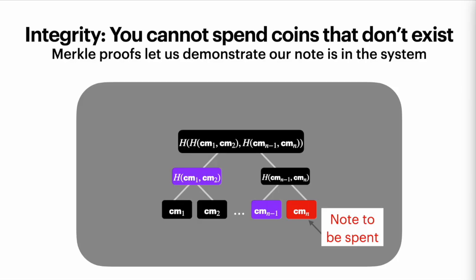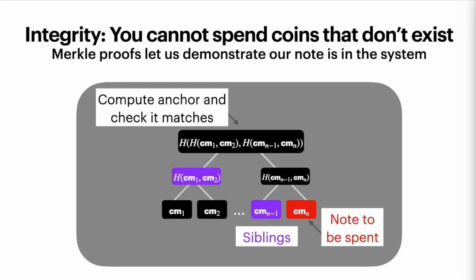So we're going to provide in our proof the siblings. And if our note is truly in the tree, when we as the verifier hash together the note commitment and its siblings and so on and so forth up to the root of the tree, we should agree on the root that we see.